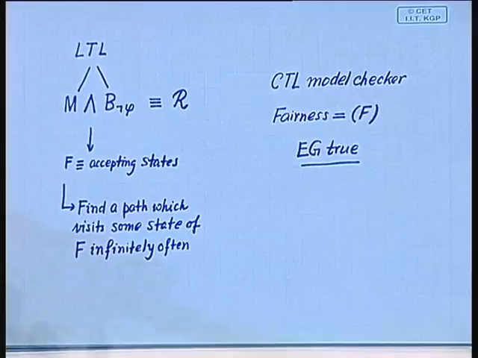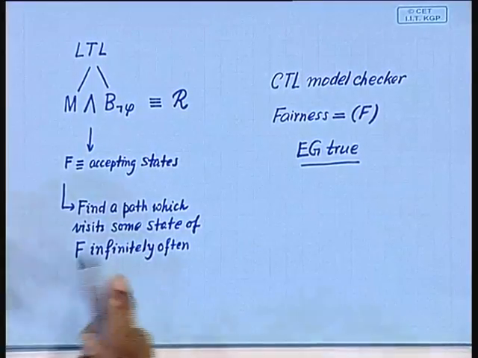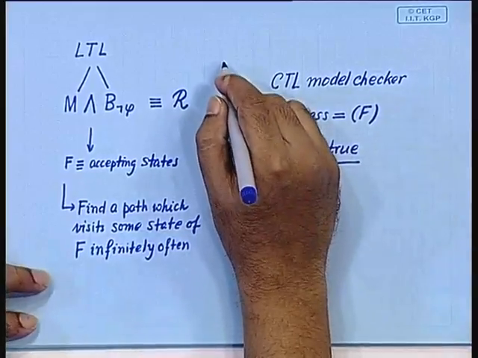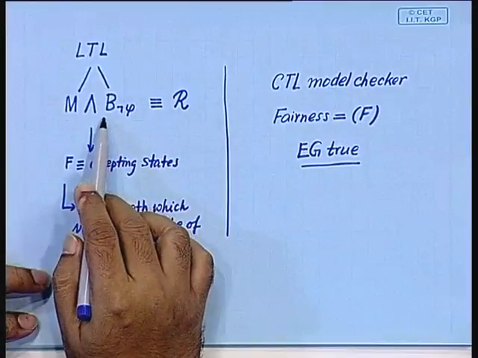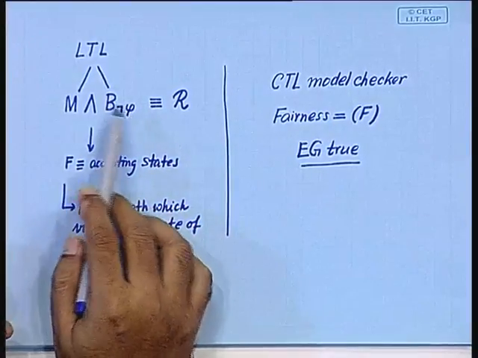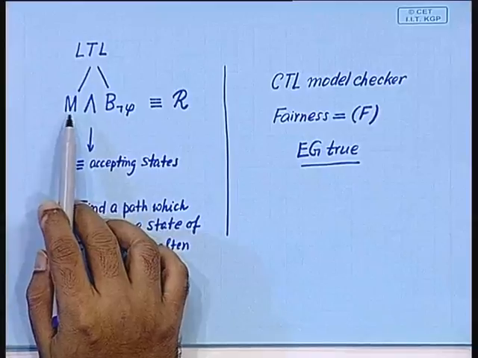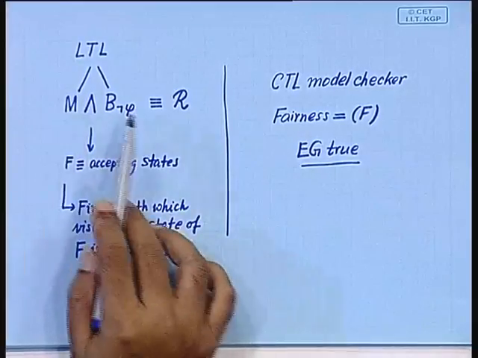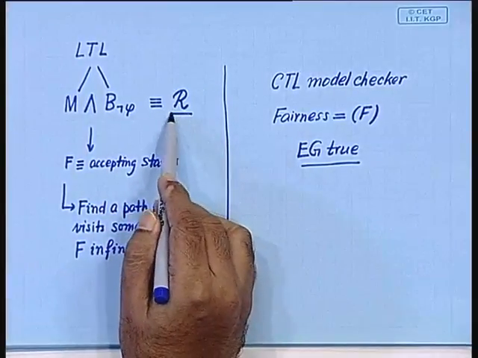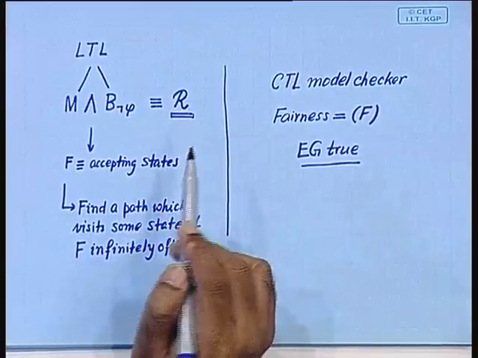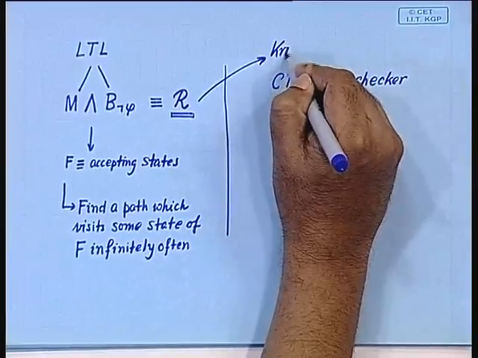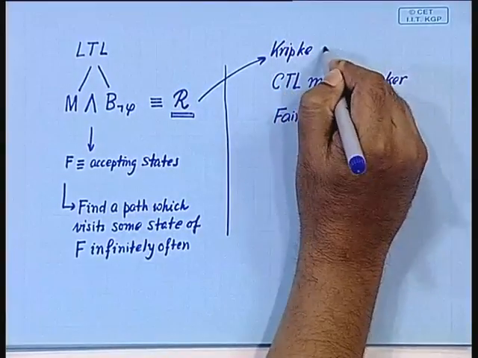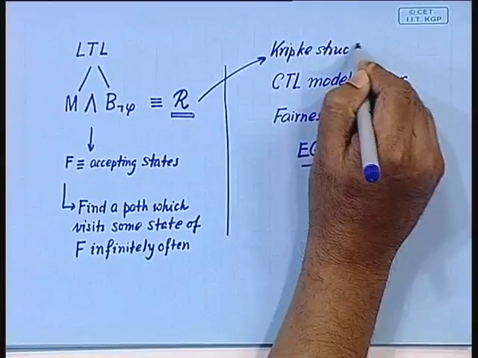Is this making sense? Are you getting what I am saying? We want to transform the LTL model checking into the CTL model checking problem. What we have done is we have created the Büchi automaton of the negation of that property, taken its intersection with the implementation M, and constructed another automaton R. This automaton R will be the Kripke structure for the CTL model checker.